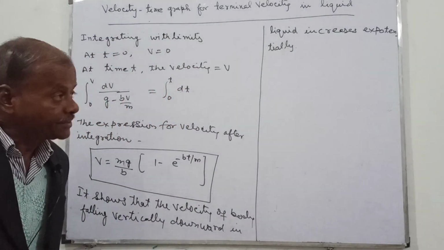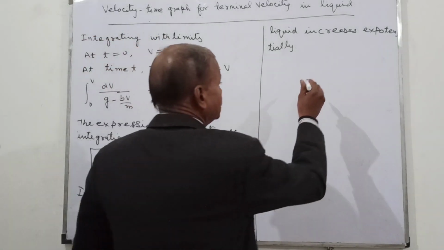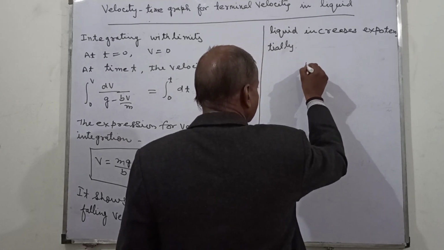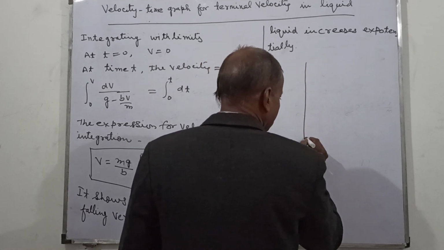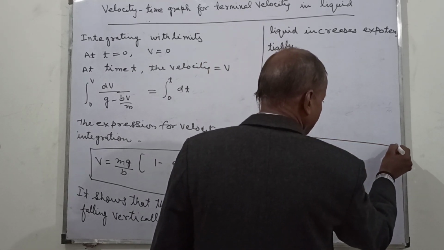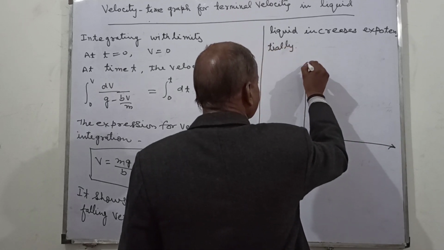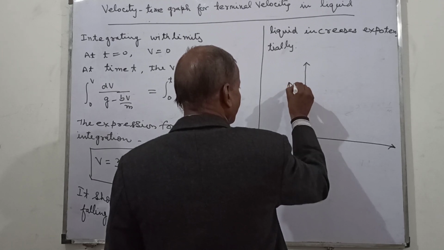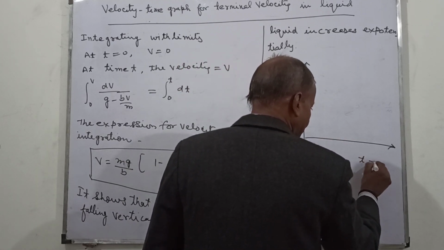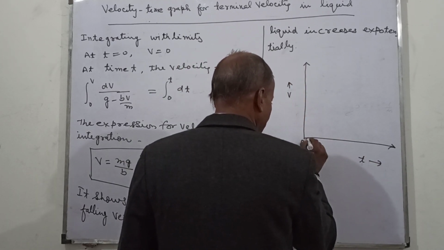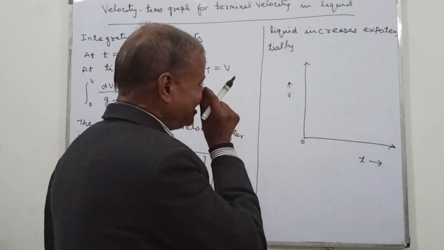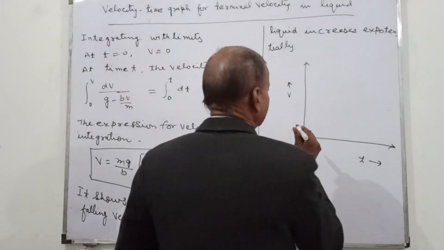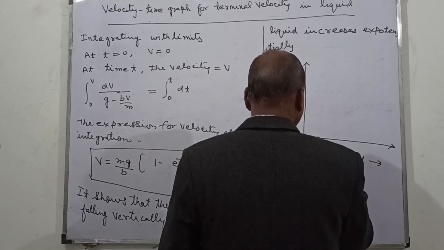So now what is the v-t graph? This is the graph that we take here. This is velocity v, this is time t, this is 0. The velocity curve is like this.